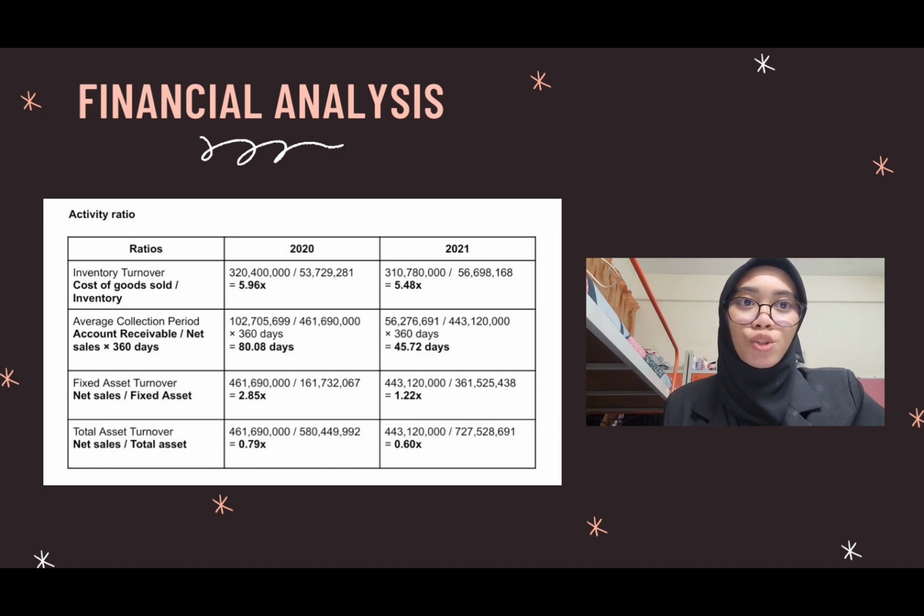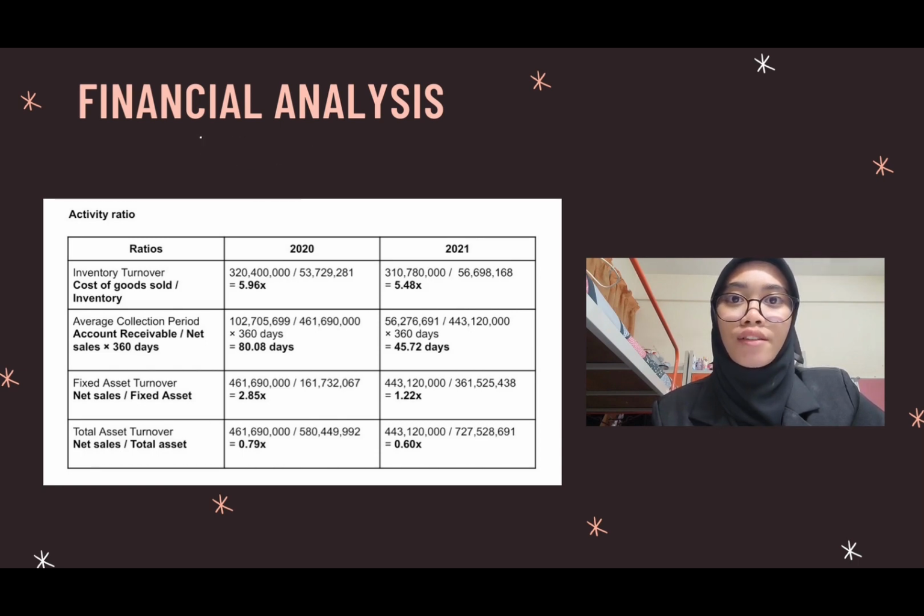For the year 2021, 56,276,691 will be divided by 443,120,000 multiplied by 360 days equals 45.72 days.